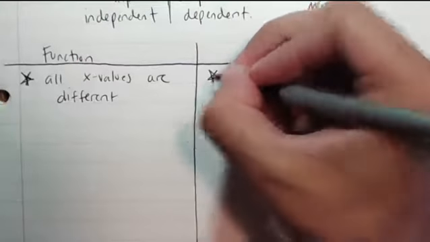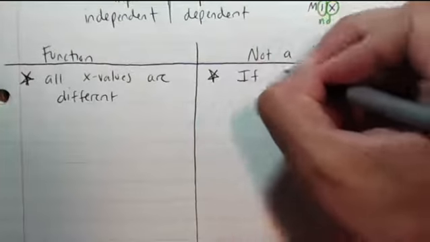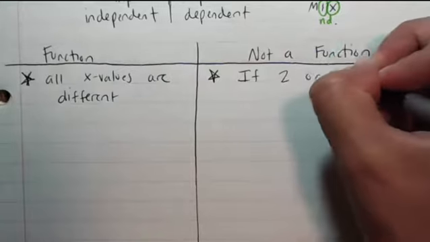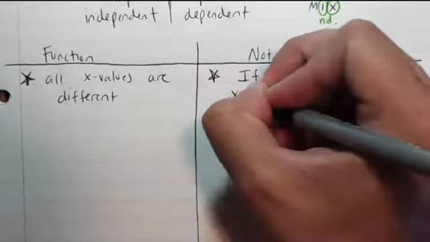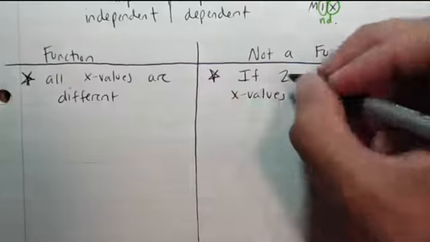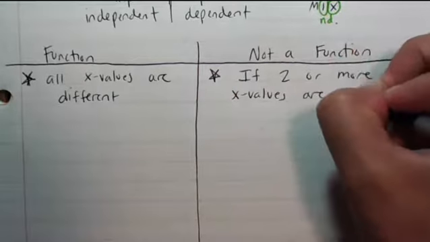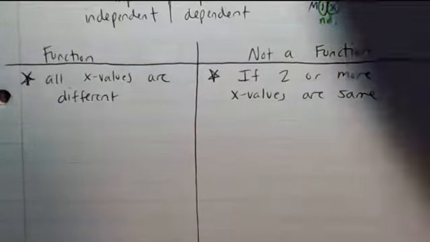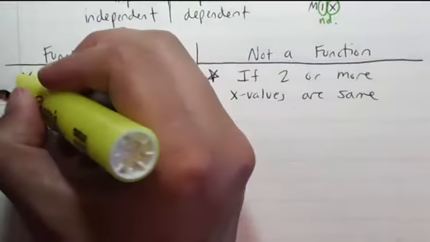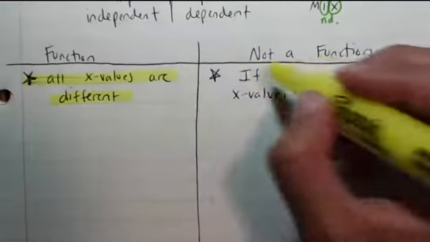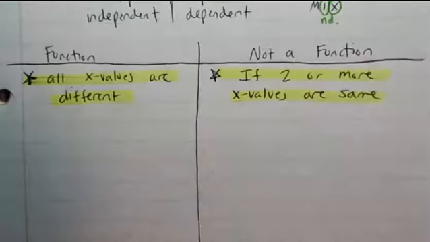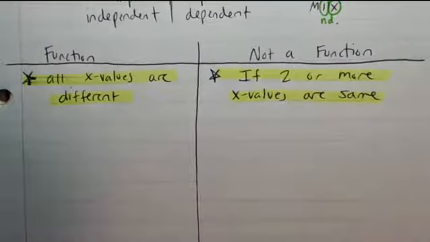Not a function means if 2 or more x values are the same. And we're going to highlight that. So it's a function if all the x values are different. Doesn't matter about the y values. And then if it's anything else, then it's not a function. So all the x values have to be different.